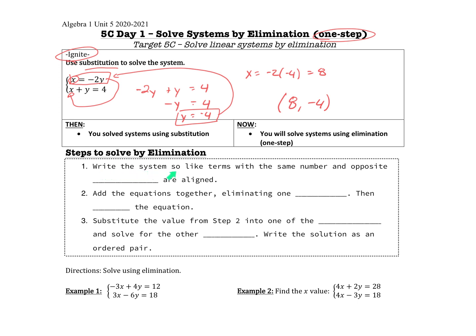Write the system so that the like terms with the same number and opposite sign are aligned. Add the equations together, eliminating one variable.